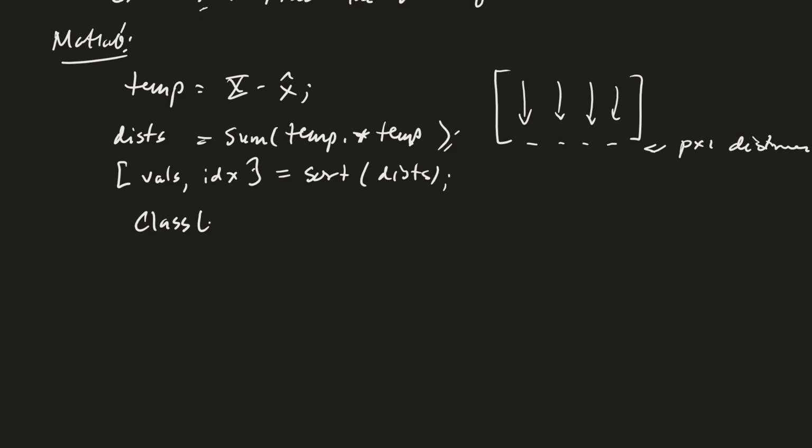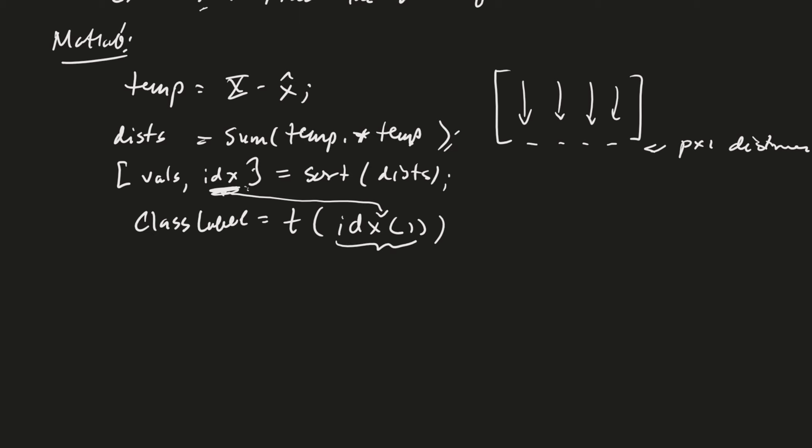And then what did we say our class label was? Class label is equal to the first index here. We actually read it off of our targets. So we take our target, and then I look at my IDX vector, and I look at the first element of that.